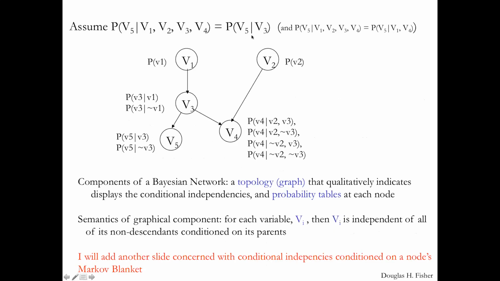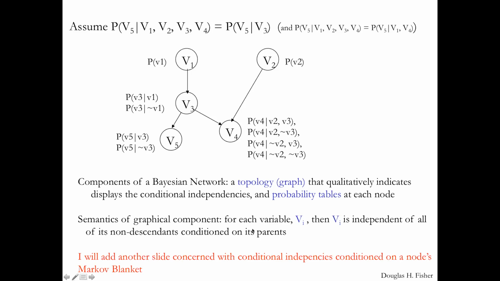I could have chosen to make V5 simply a child of V3 because of this, but it may be the case that there are some other conditional independencies that are true, and I could have equally made V5 a child of V4 in this network. And that would have been another option. And so I choose one of those options.